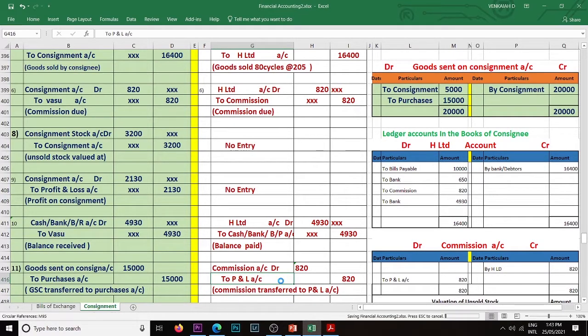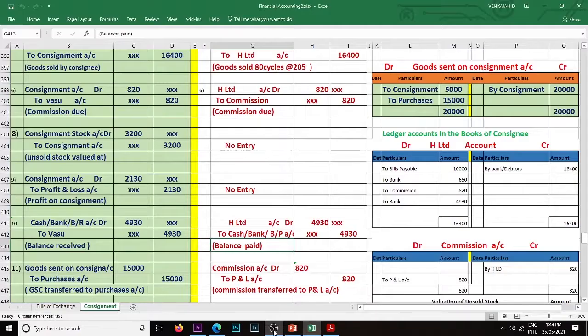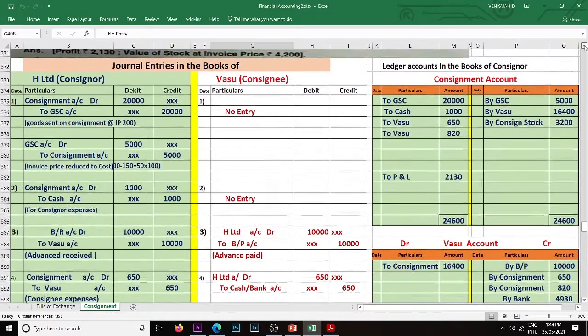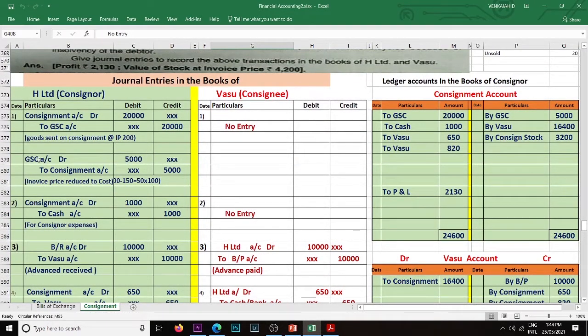Okay students, that is problem number 7. We check the timings, and okay, 30 minutes are over. One problem per 30 minutes. Please check the only extra we did here: we take the difference between invoice price and cost price.